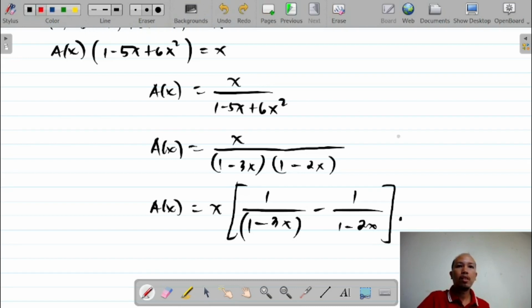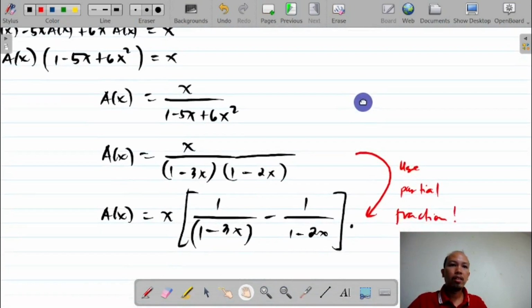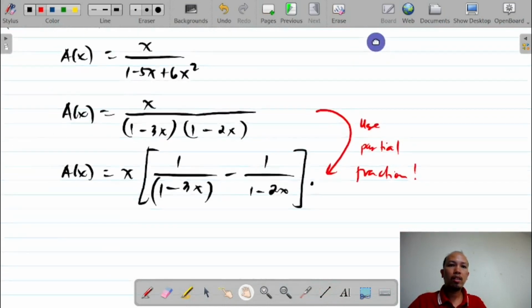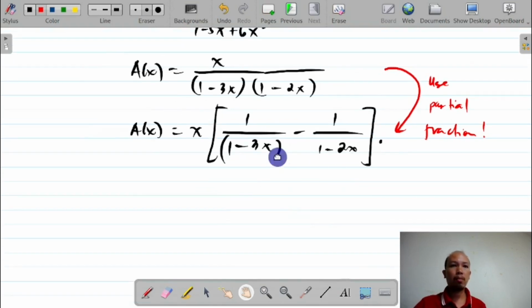That's the generating function. From here you use partial fractions, and I guess we can now apply the power series for the geometric series. We can apply it here.